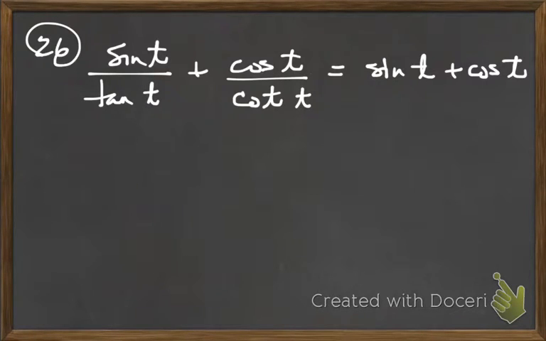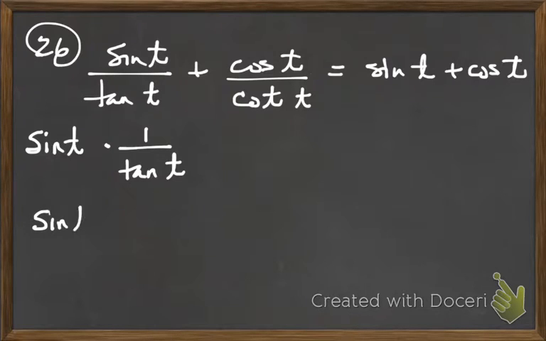So either in your head or on your paper, you've got to realize that first term is sine times 1 over tan. Some of y'all can just see that. Does everybody see that very first term is sine times 1 over tan? So you might skip that step and go ahead and say that's really sine times cotan.